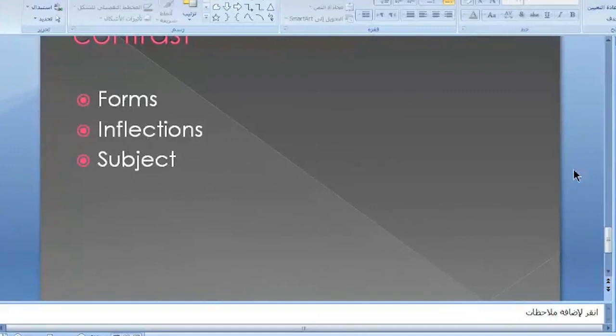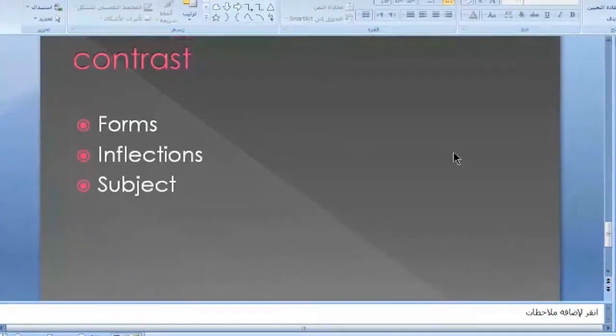Now, if I want to make a contrast, I should talk about the forms, and as I have said, forms give different functions. And what is important is the context, as I have mentioned. The context is the pillar, is the hub.